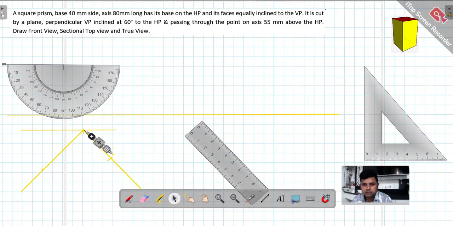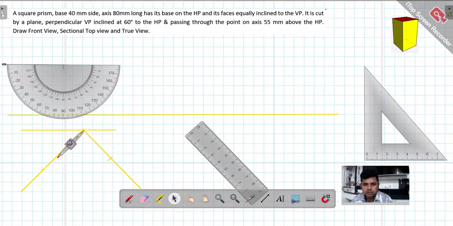Take this distance. What mm is it? Exactly. 40 I took. You can see, exactly 40 it is. Now I'm taking this here.